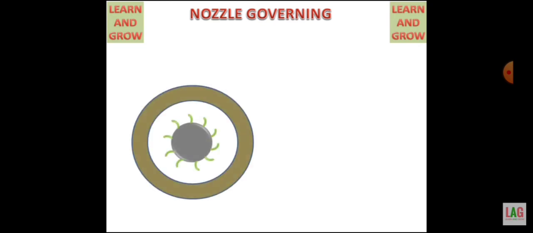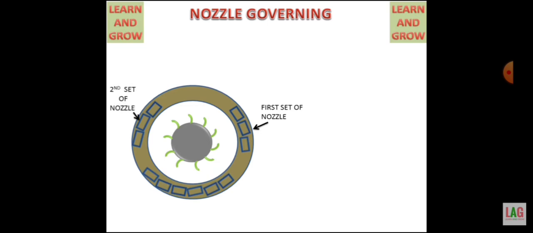We have an impulse turbine with different sets of nozzles. This is the first set of nozzles, this is the second set of nozzles, and below is the third set of nozzles. These are the nozzles for providing water or steam to the impulse turbine.